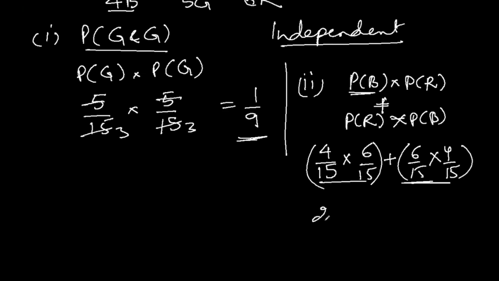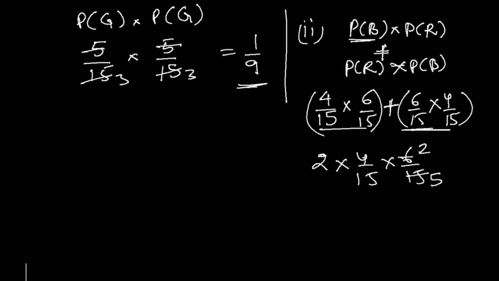So we can write them as 2 times 4 over 15 times 6 over 15 because they are exactly same multiplications. So I added them. So in case of adding, I just multiplied by 2. Yeah. So now we can cancel this by 3, 5. So it becomes 4 times 2, 8 times 2, 16 out of 75.